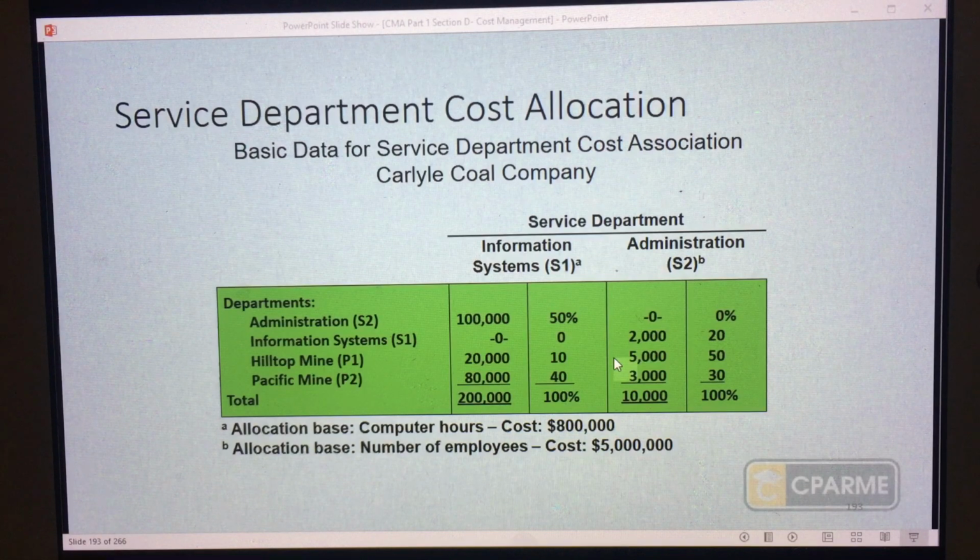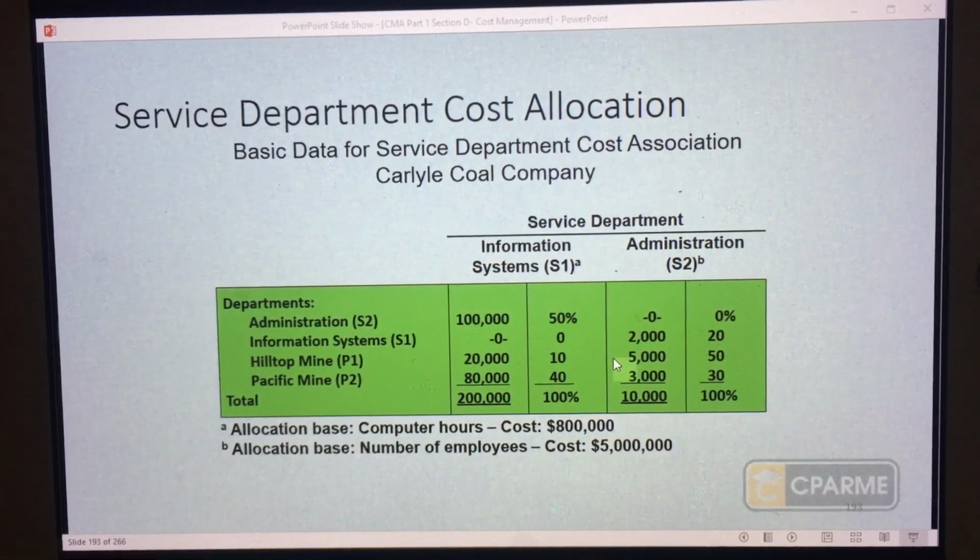Basing on the same example, you can see that S1 provides a total of 200,000 computer hours to the other departments. S2 also, you would see, uses half of the hours. And P1 and P2 use 10% and 40% respectively of those hours.